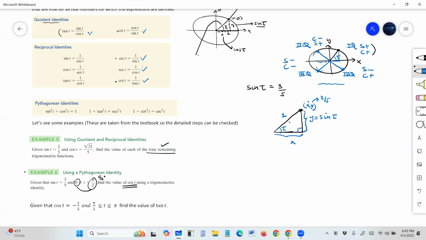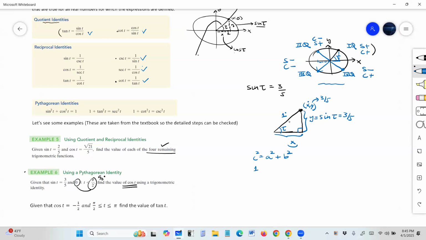But I know that this is a right triangle. How do I find x? Well, we're going to use the Pythagorean theorem, which is: hypotenuse squared equals the square of one of the sides plus the square of the other side.